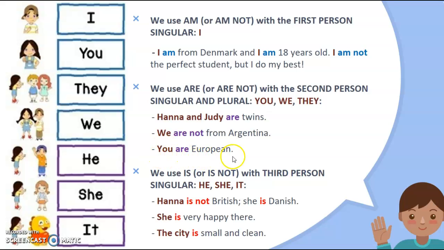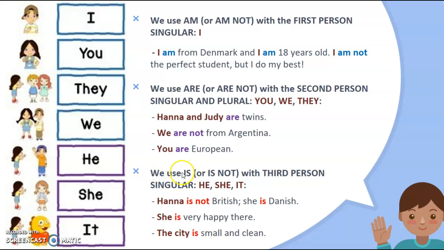You are European. So these two sentences are in the affirmative form, while the second one, we are not from Argentina, is in the negative form. Again, the negative particle not is added after the verb to be, are in this case.